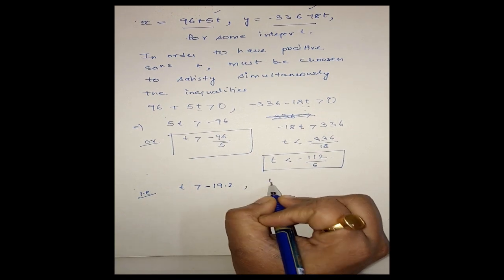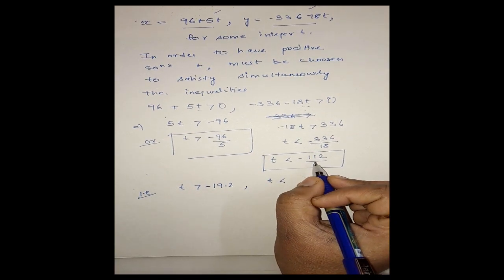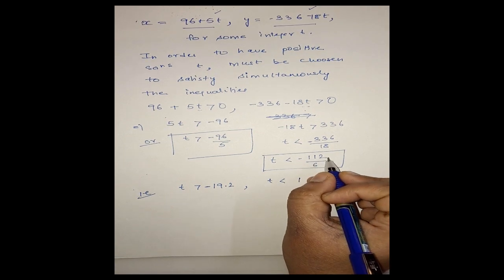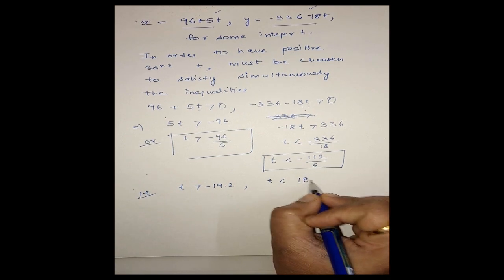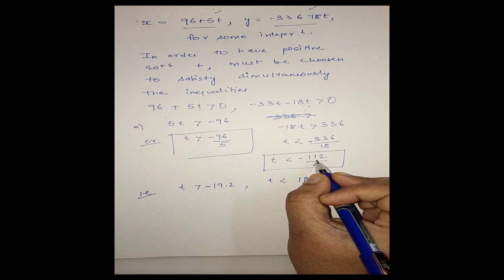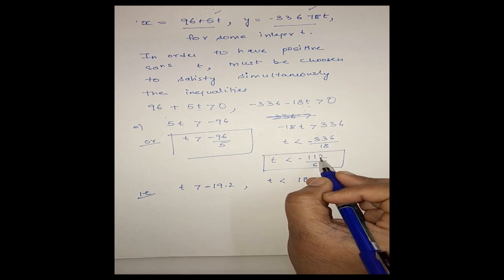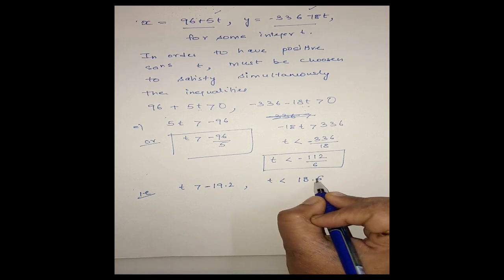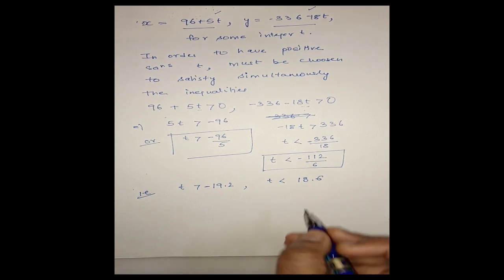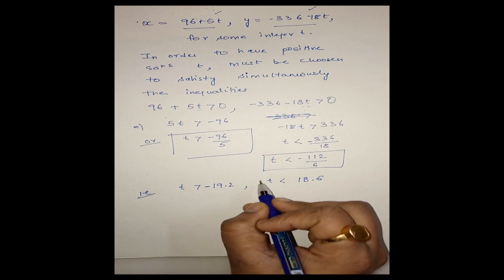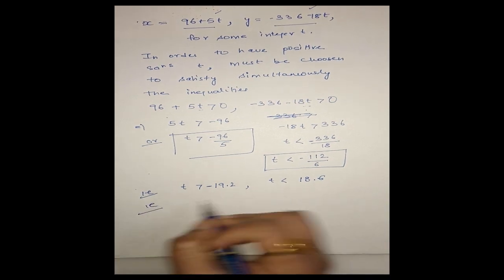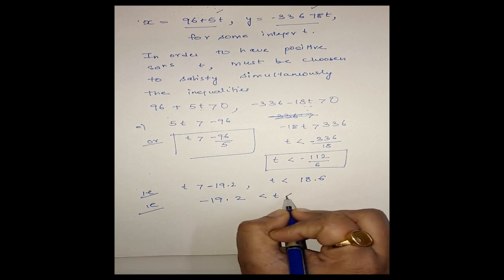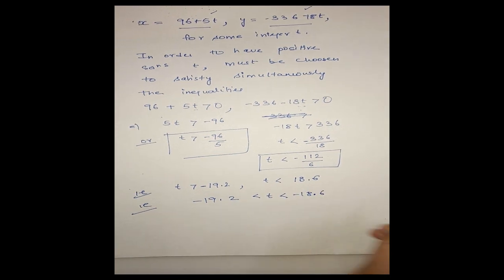And from here, dividing by 6, we get minus 18.6. That means we have minus 19.2 is less than t is less than minus 18.6.